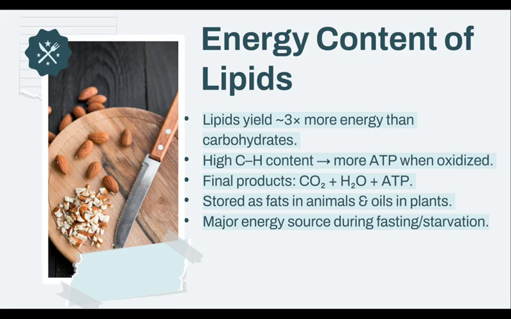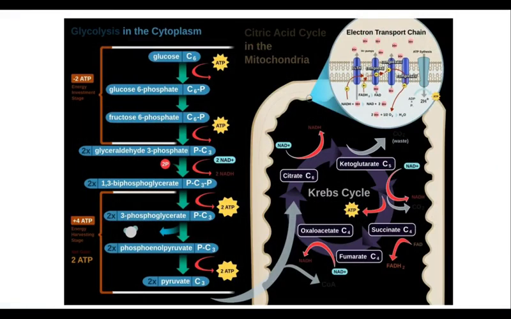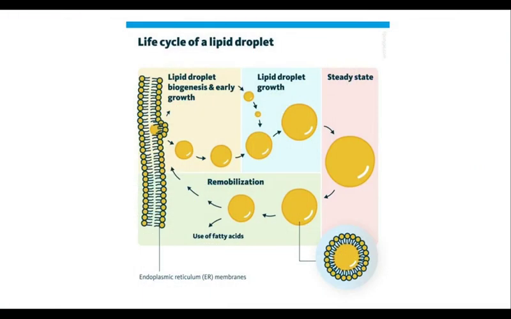Lipids are stored as fat in animals and oils in plants, and act as a main energy source during fasting and starvation. This diagram illustrates how important lipids are in the cellular respiration process. This is the life cycle of a lipid droplet.